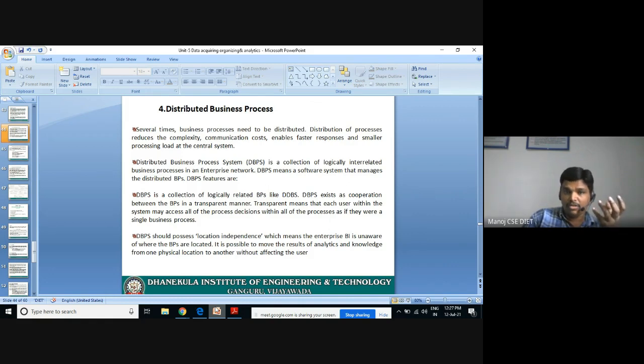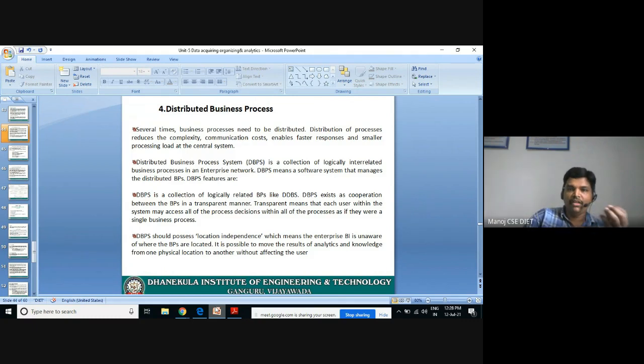With a smaller processing load at our central system, resources will be better utilized. Complexity is reduced, the communication cost is made cost effective, we enable faster responses, and we are simply reducing the load on our central system. That's why we prefer this term distributed.